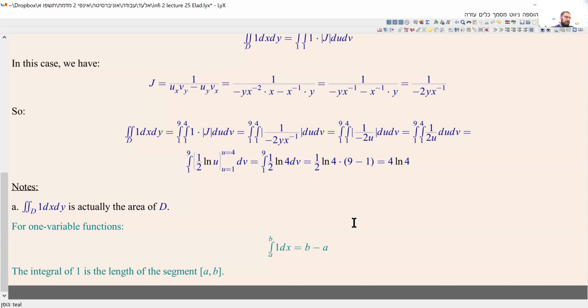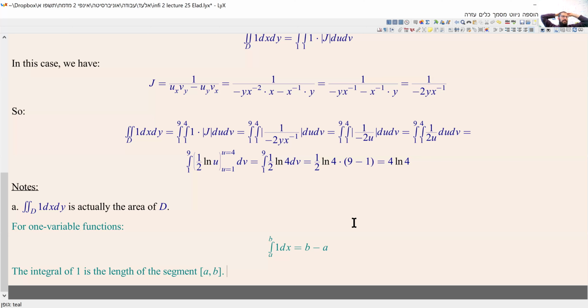So the same goes for 2 variables. The integral of 1 is the two-dimensional analog for length, which is area. And one can easily say that the triple integral of 1 over some body D is the volume of this body. And we can say it for n-dimensional integrals, but then we lose the geometric intuitive interpretation.